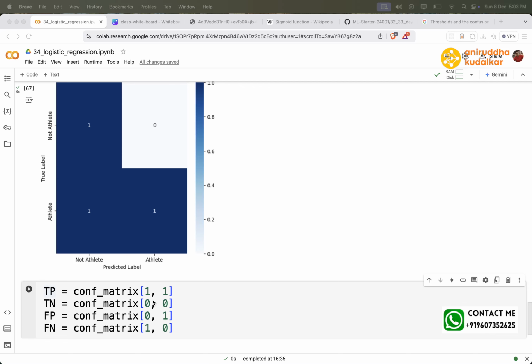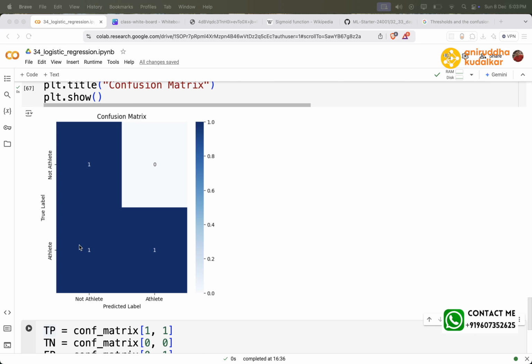So if you see 1 1, what is the 1 1? This guy is the true positive.